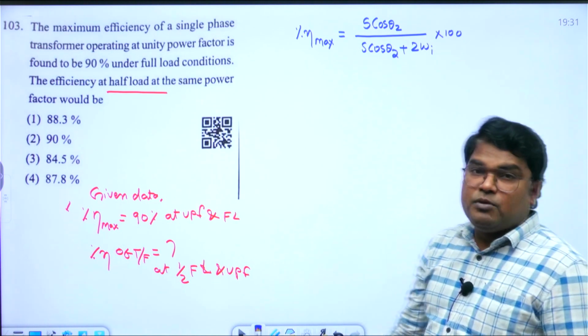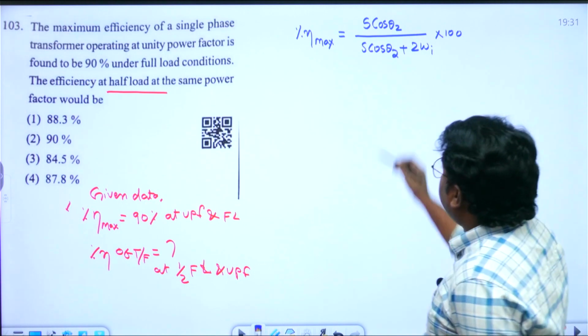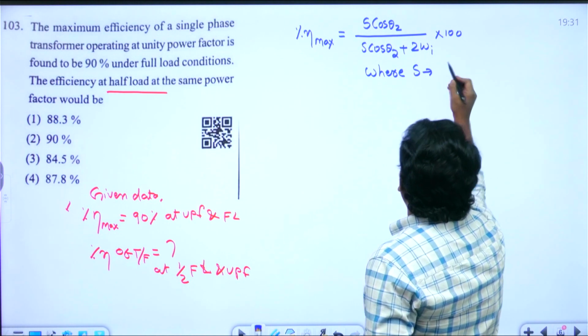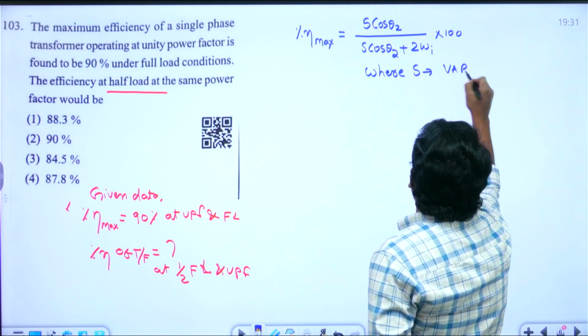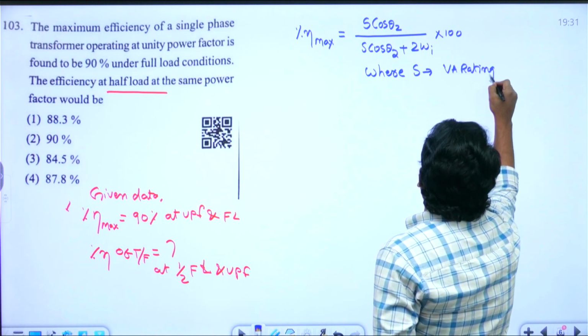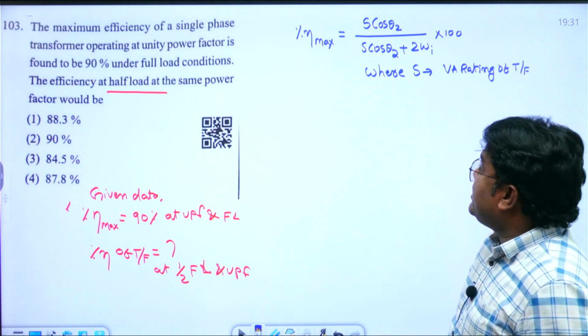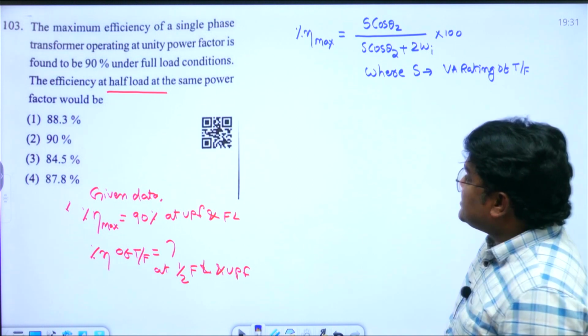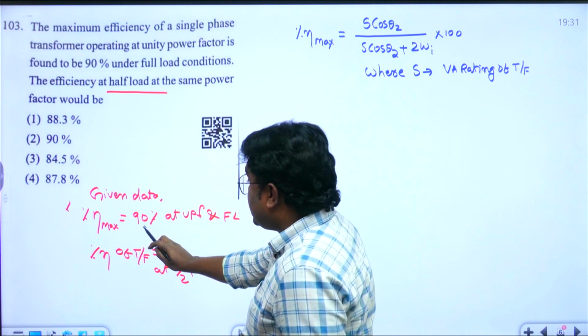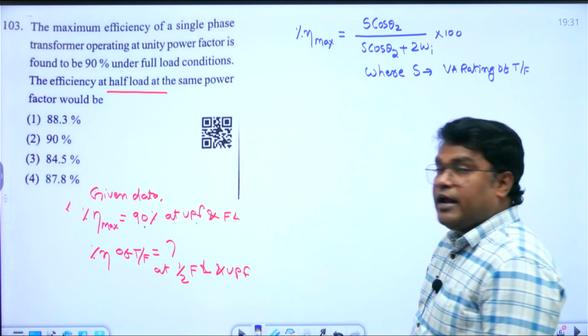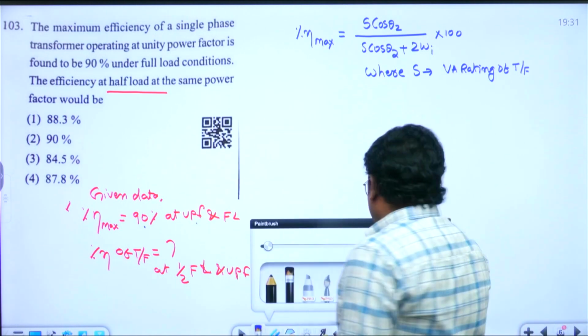This is the maximum efficiency formula. Where S is the VA rating of the transformer. Consider that S is the VA rating of the transformer. In this case, 90% efficiency is given at full load and unity power factor.